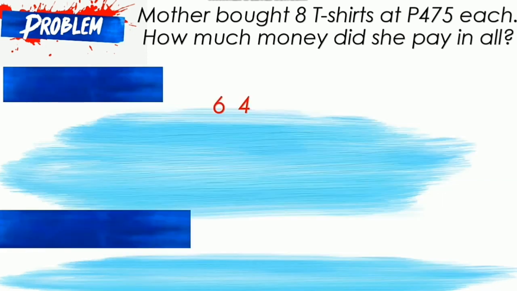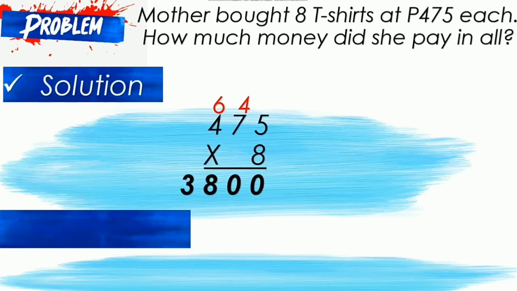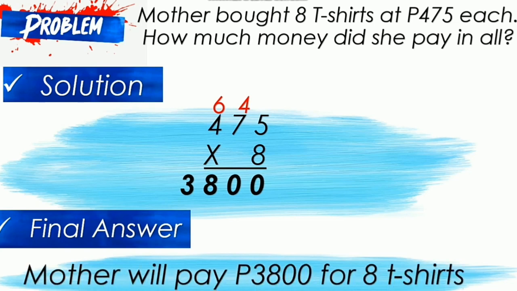From here, do your long multiplication. By the time you multiply 475 by 8, you are going to have 3,800 pesos. So that is the amount mother is going to pay.